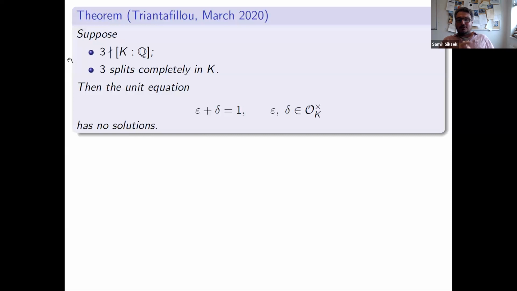Well, for example, people have been working on unit equations for 100 years, and there's this book by Gyory and Evertse, about 500 pages on the unit equation, and then someone comes along and in a few lines comes up with a new theorem that is completely orthogonal to anything that we've seen before.